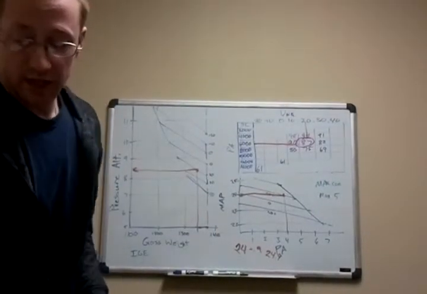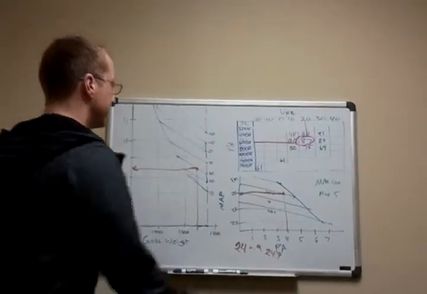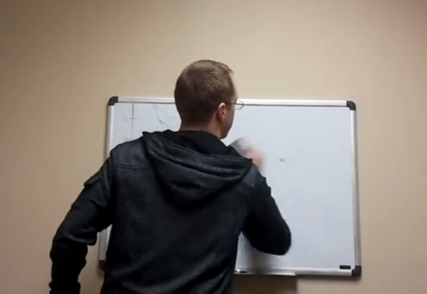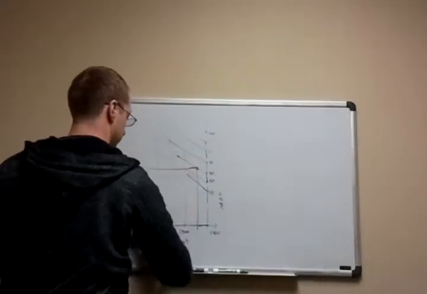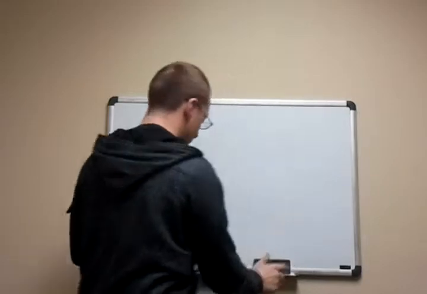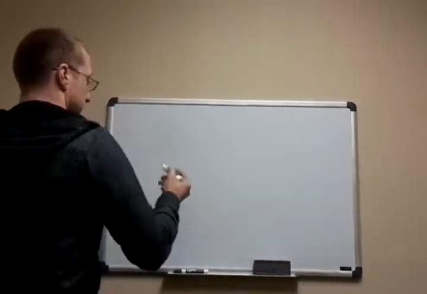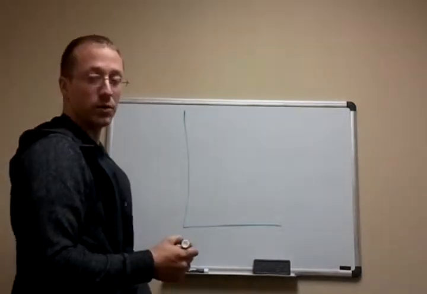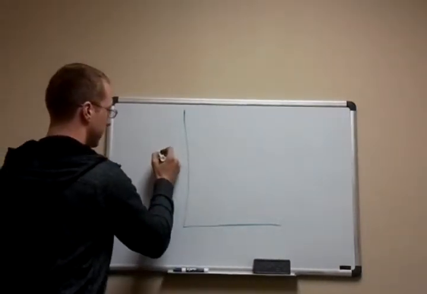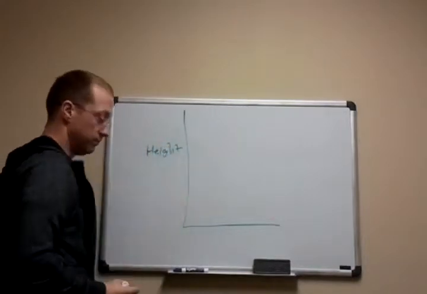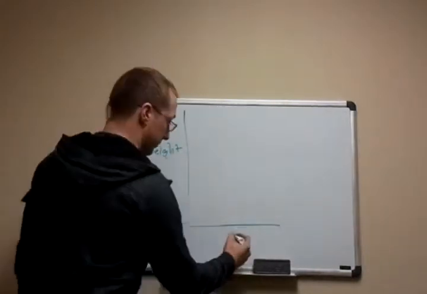So moving on to the next one is the HV diagram. You have your height on the left, and you have your velocity, your speed, on the bottom.